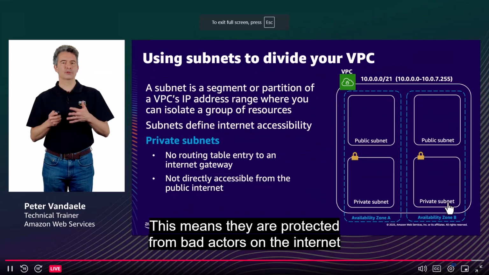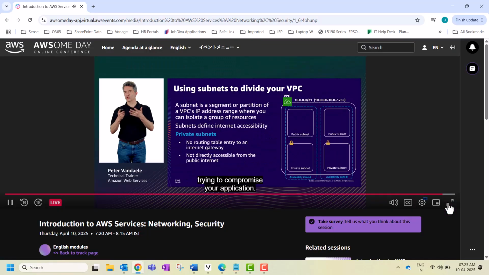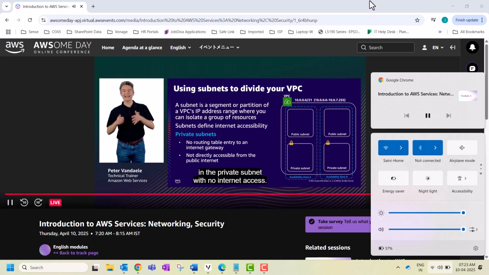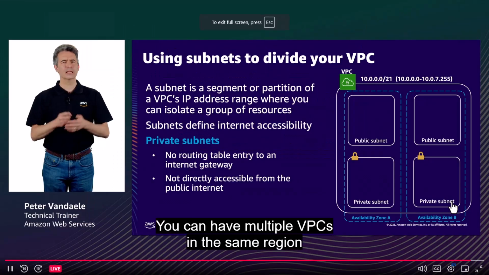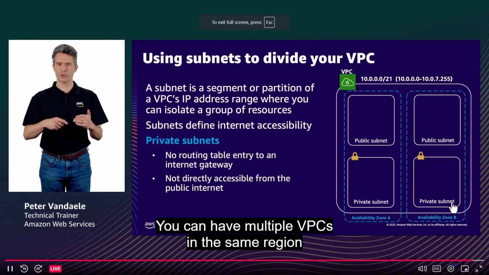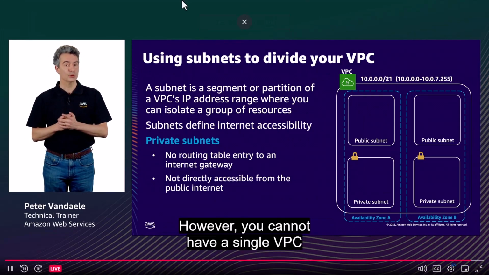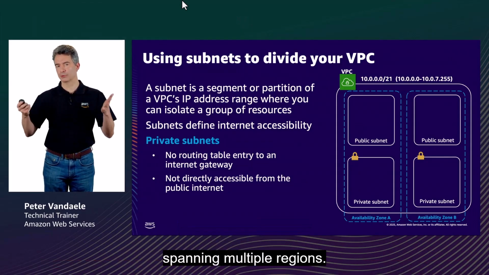This means they are protected from bad actors on the internet trying to compromise your application. This lets you place your backend systems such as databases or application servers in the private subnet with no internet access. You can have multiple VPCs in the same region or different regions for that matter. However, you cannot have a single VPC spanning multiple regions.